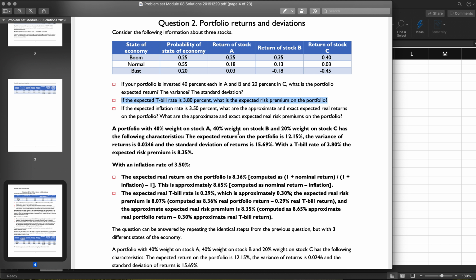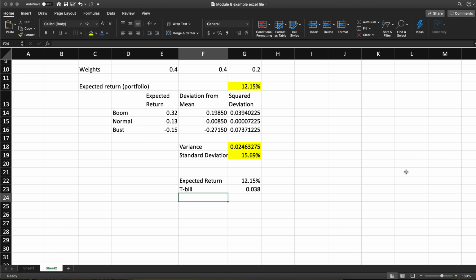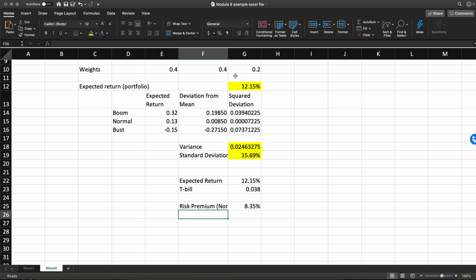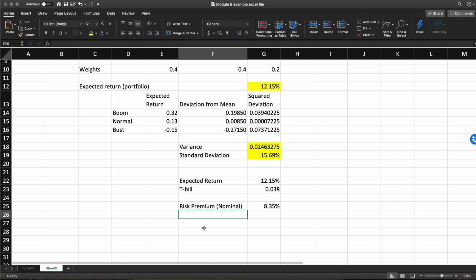Let me make sure I got that right. Yes, okay. So the risk premium is just going to be the return on this portfolio minus the T-bill. And that is the nominal risk premium.